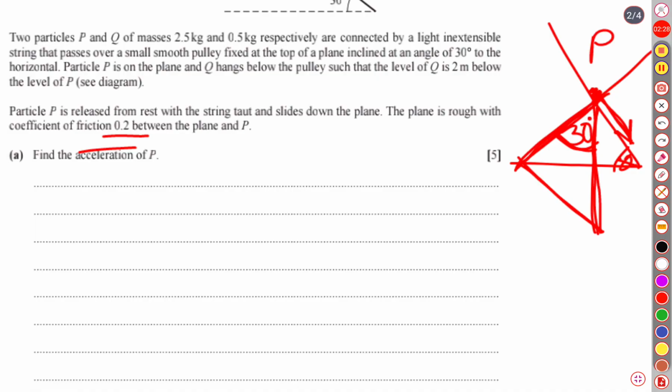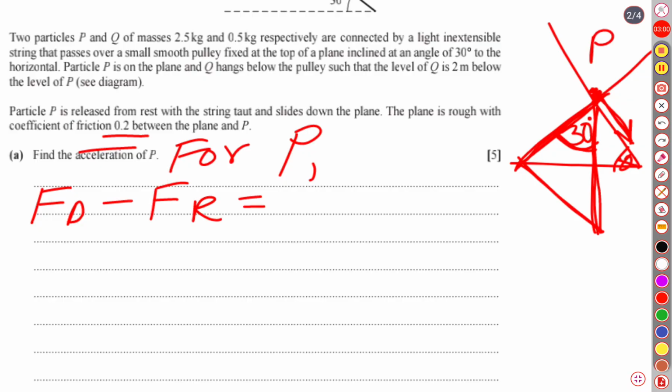For acceleration, we are going to apply Newton's law of motion, and for particle P, the concept is: driving force minus resistance force is equal to mass into acceleration.